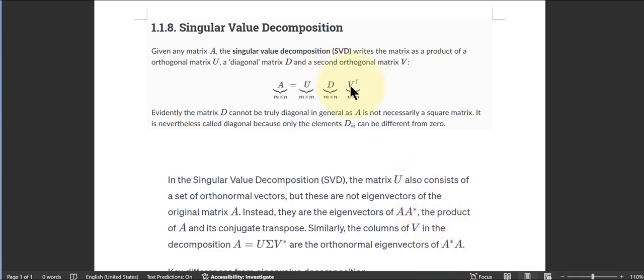V is the eigenvector matrix of A star A, and then we take the transpose.